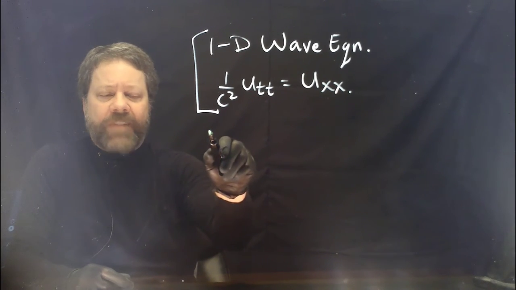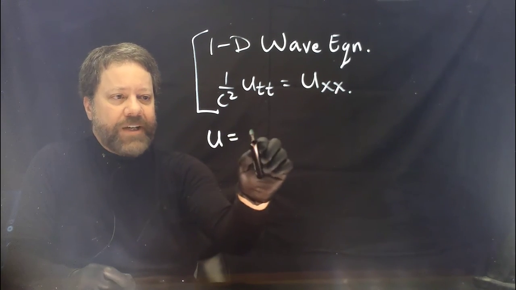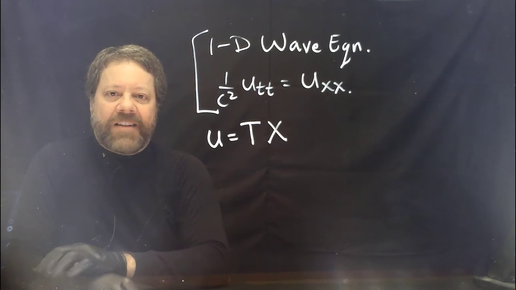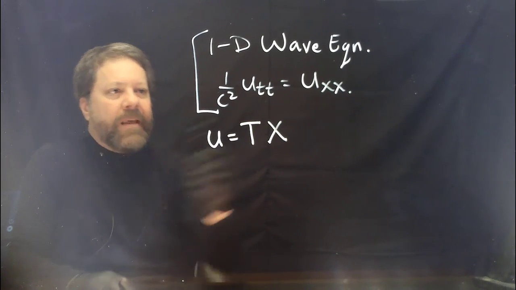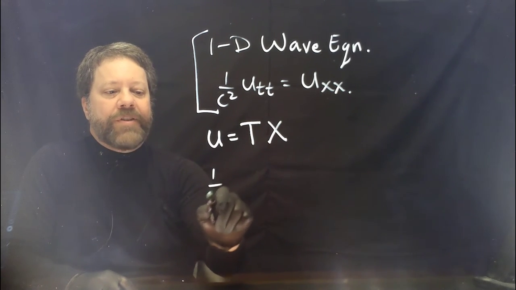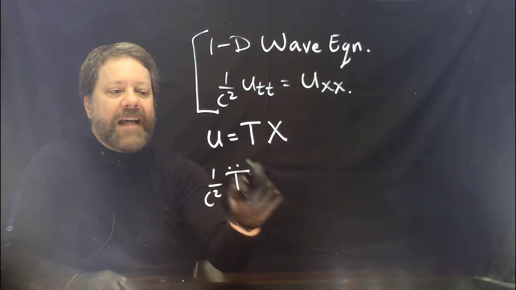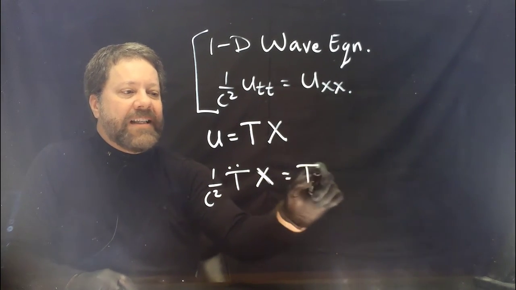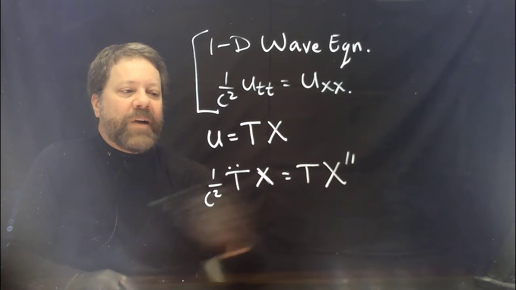I'm going to use the following substitution notation. TX is going to be equal to u. When we take this and plug it in here, we'll have 1 over c squared T dot dot X equals T X prime prime.